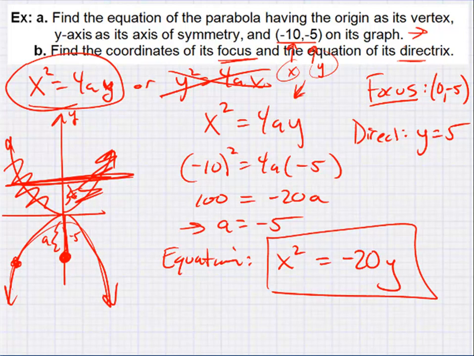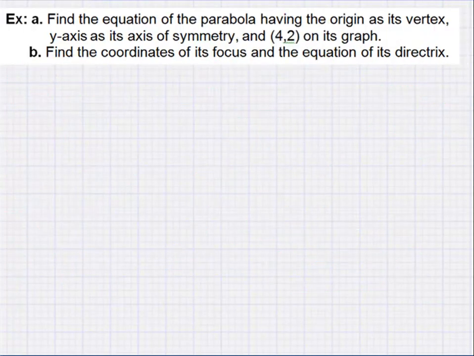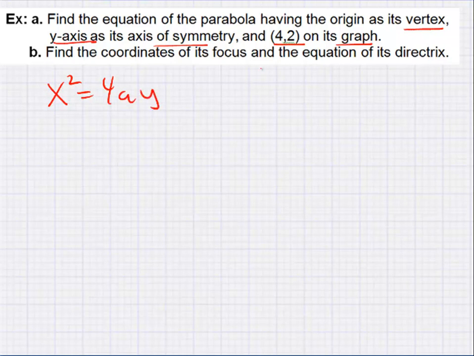Okay, so same problem, just in reverse. We had to come up with the equation. Now here's another one. Find the equation of the parabola having origin as its vertex, the y-axis as its axis of symmetry, and 4, 2 on its graph. Well, again, if the y-axis is the axis of symmetry, it means I'm dealing with x squared equals 4ay. The point being 4, 2 tells me that 4 squared equals 4 times a times 2.